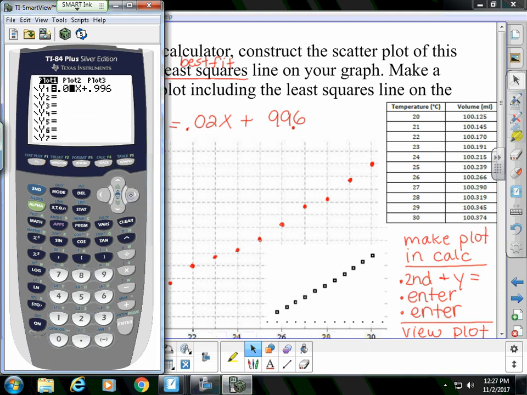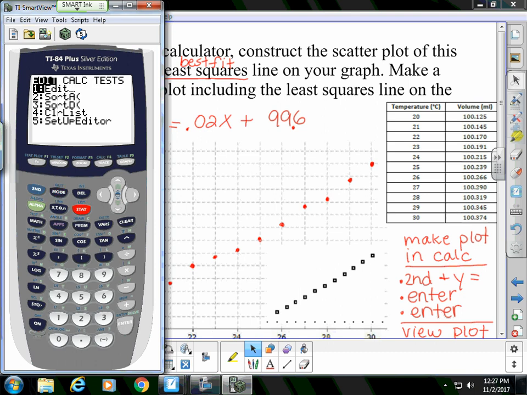Okay, so let me go over here. Not too far. There we go. 99.6. There we go. Now hit graph. That's not the same spot at all. Really? My technology's not being nice to me today.